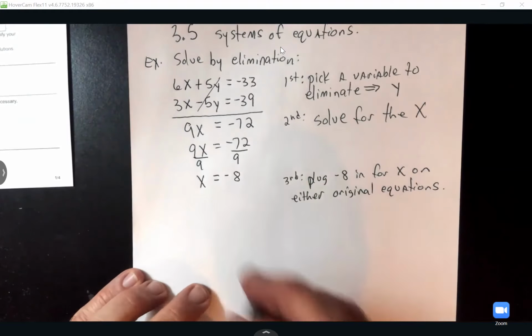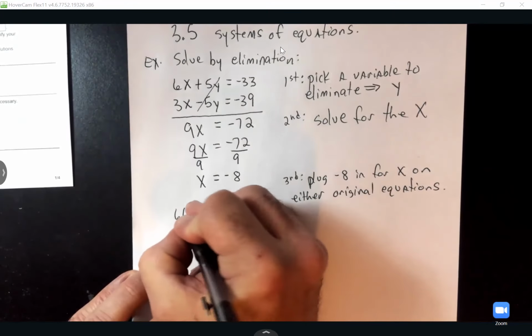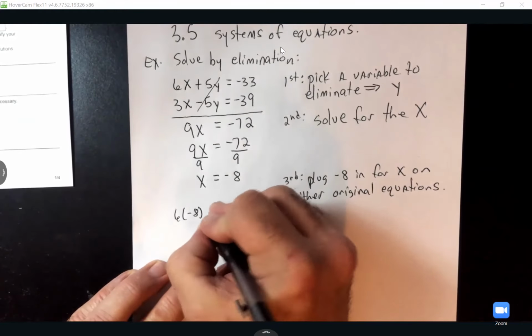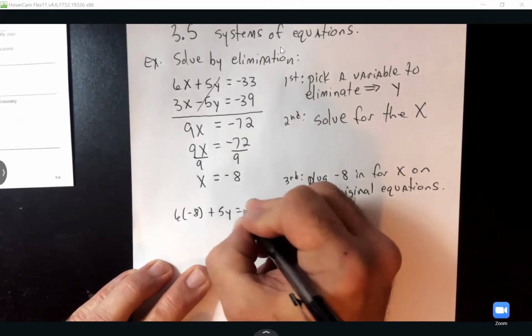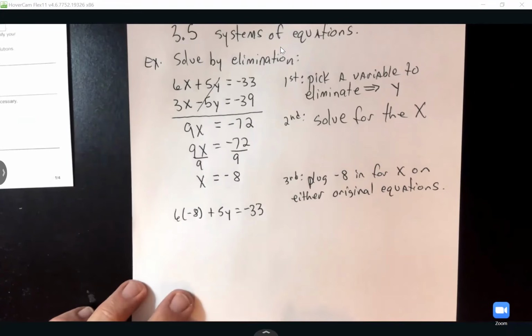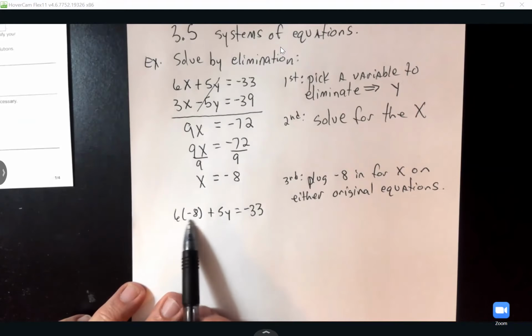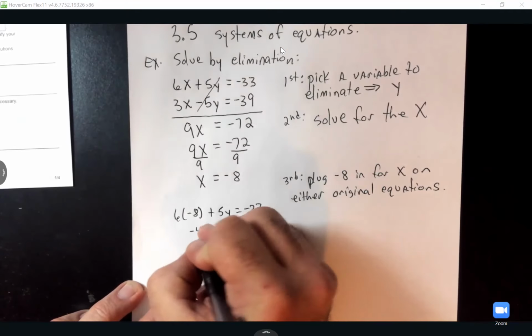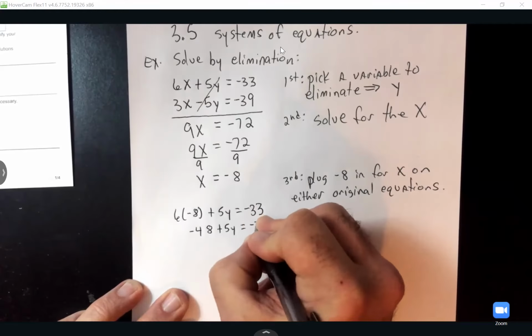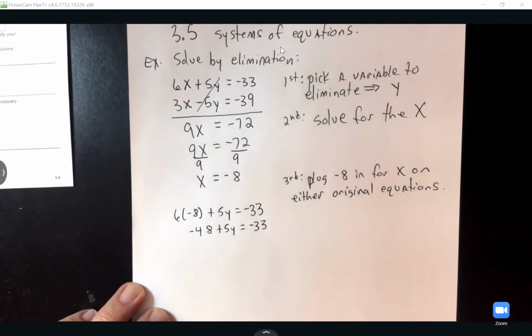The first one? So that's going to give me 6 times x, which we said was negative 8, plus 5y is going to equal that negative 33. So I would probably multiply this and make this a number first. 6 times negative 8 gives me negative 48, plus my 5y equals that negative 33.